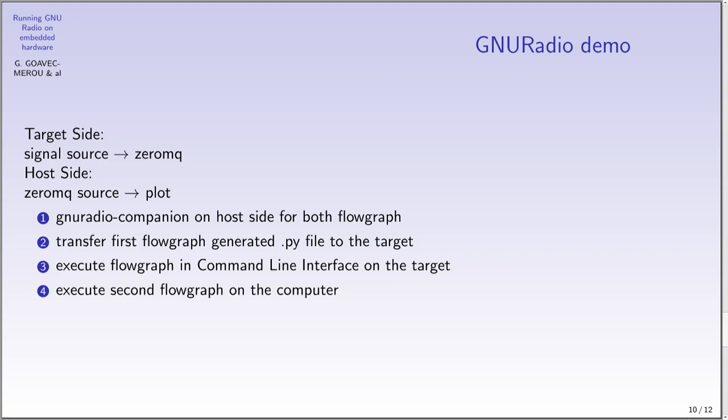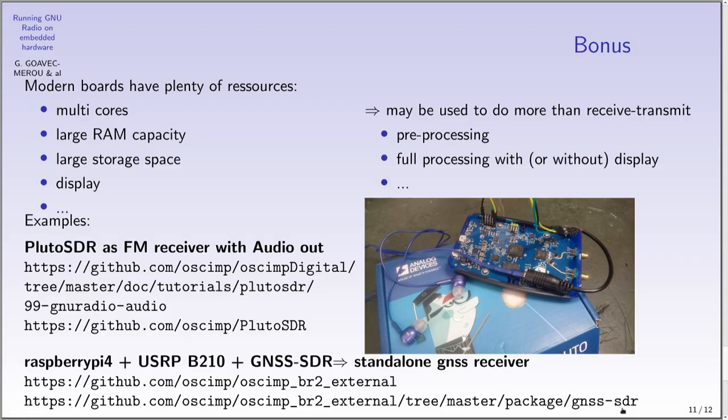So now we have seen how to use GNURadio with a basic demonstration, but this uses almost nothing of the functionalities and capabilities of the CPU, and finally, modern boards have plenty of resources, multi-core. Raspberry Pi has 4 cores up to 1.5 gigahertz. Another one, the Rock Pro, has 5 cores at up to 1.8 gigahertz.